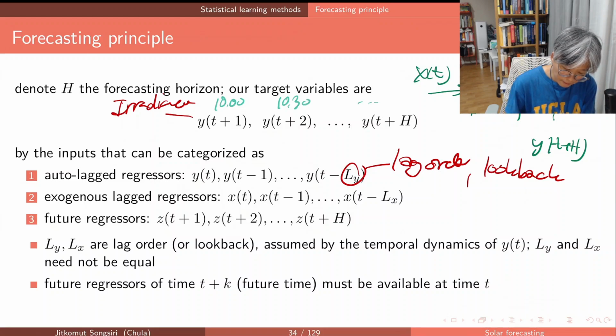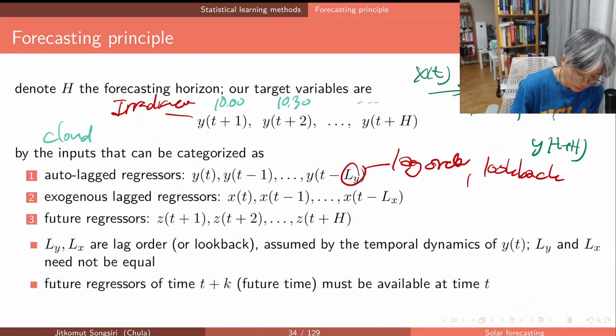In terms of variables, if you think that cloud is an important variable that explains the dynamics of irradiance, because more cloud means less irradiance, then if your target is the irradiance at 10 a.m., what would be the time of the cloud that is highly correlated with the irradiance at 10?